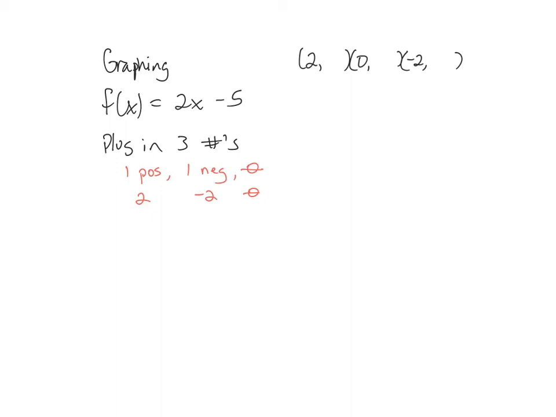So if I plug in 2, I'm going to get 4 minus 5, or negative 1. So when I plugged in 2, I got negative 1. And then I'm going to plug in 0.